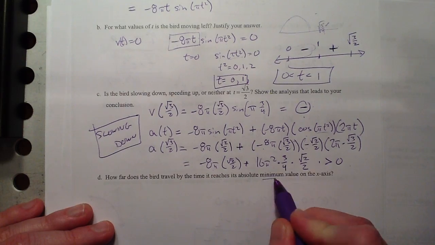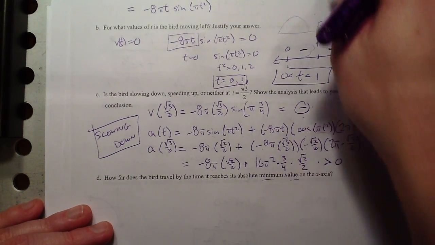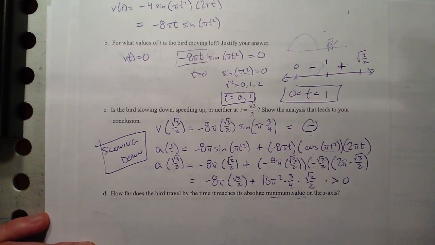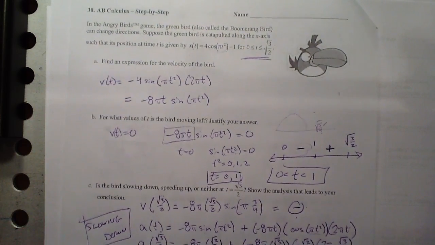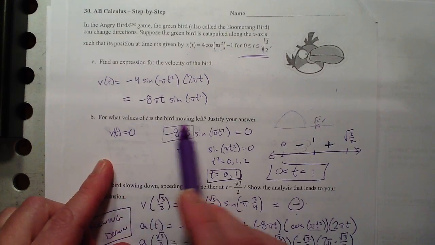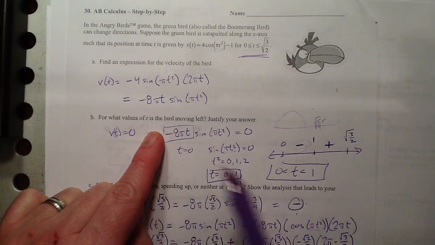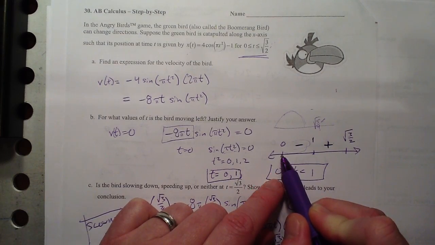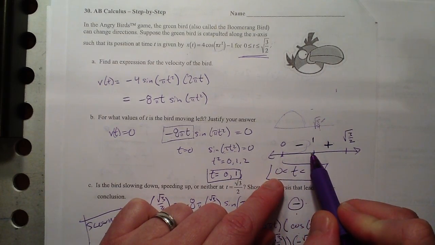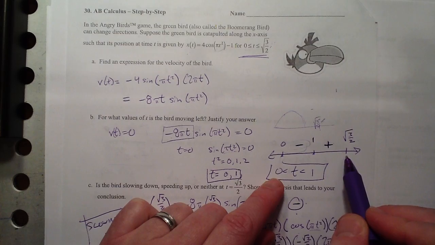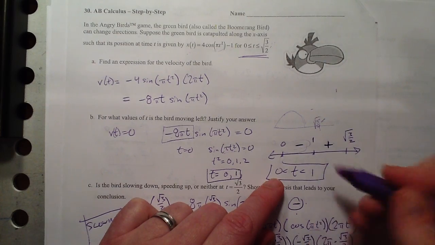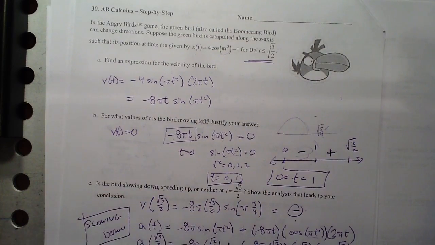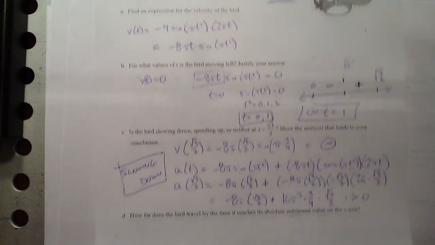So if we want to find a minimum position, we need to take the derivative of position and set it equal to 0. And I think we've already done that, right? Looking back at B, our bird was moving to the left and then to the right after that. So its minimum position would have been at time 1, right?